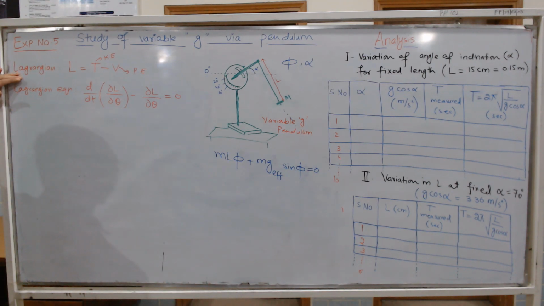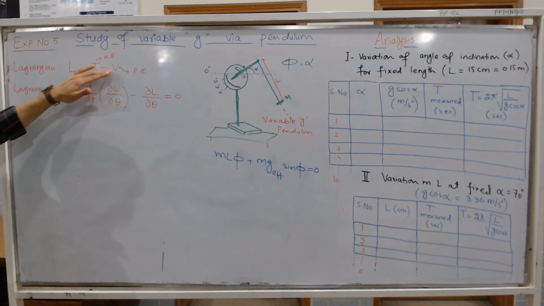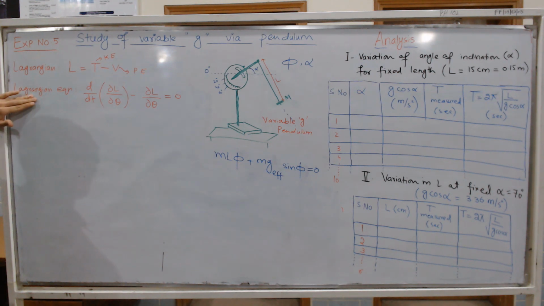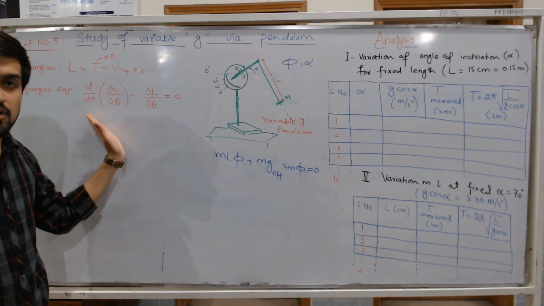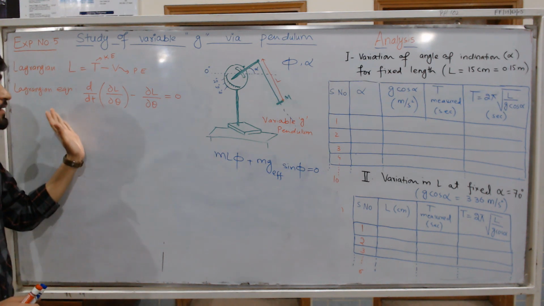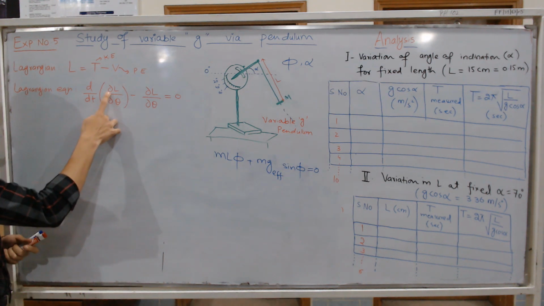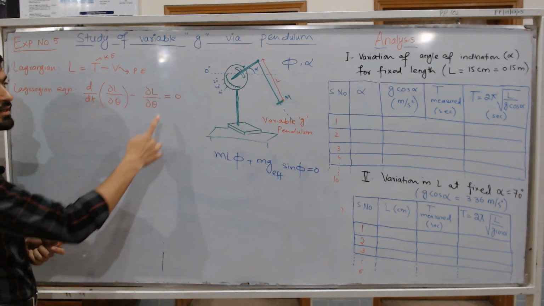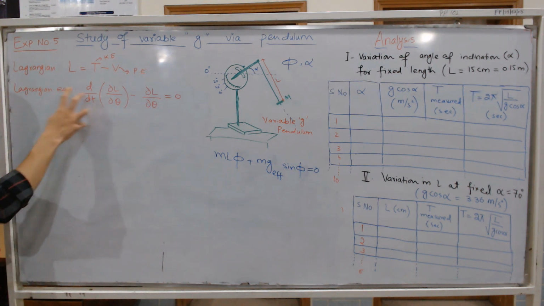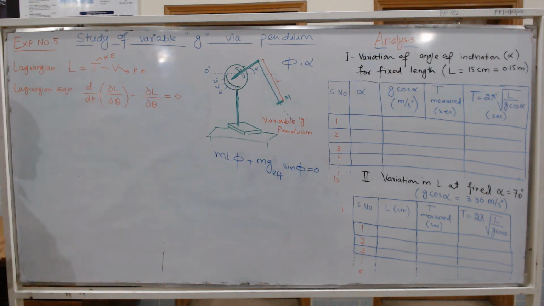The Lagrangian is equal to the difference between the kinetic and the potential energy. From where we got this Lagrangian equation, I am not going into the details: d by dt of partial L over partial theta dot minus partial L over partial theta is equal to 0. So this is the Lagrangian equation, and this is the Lagrangian.